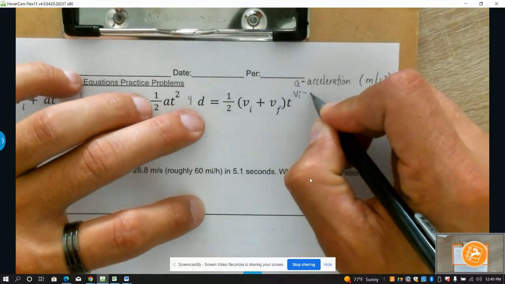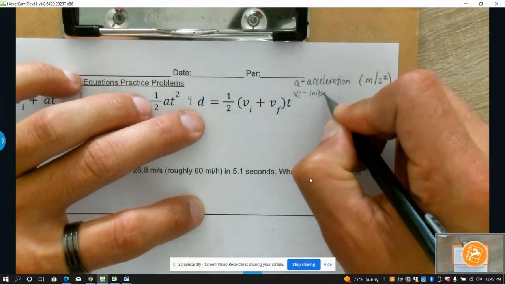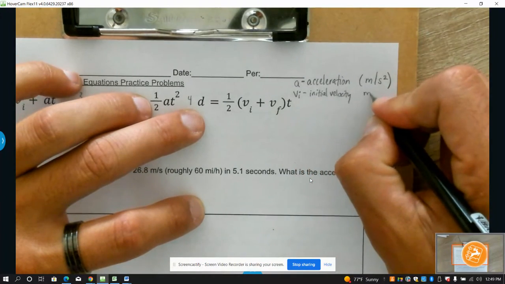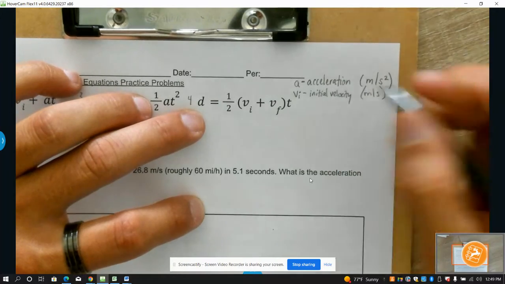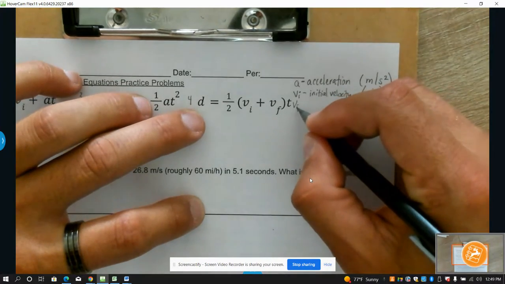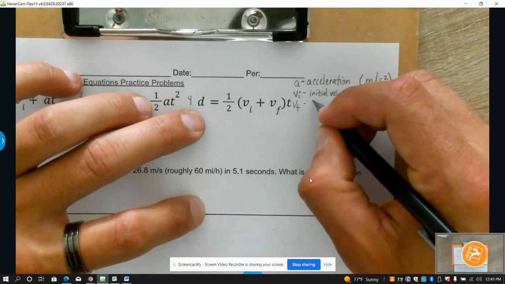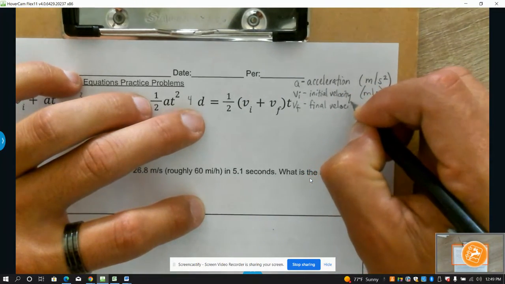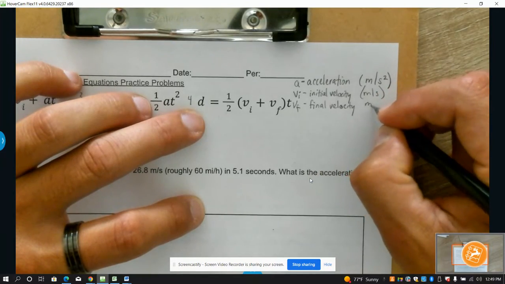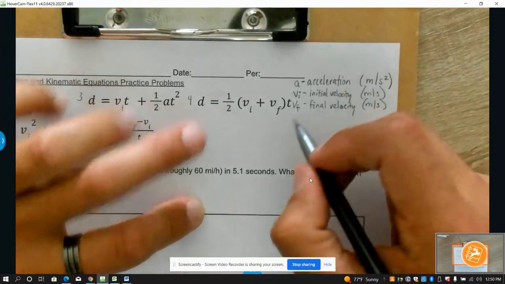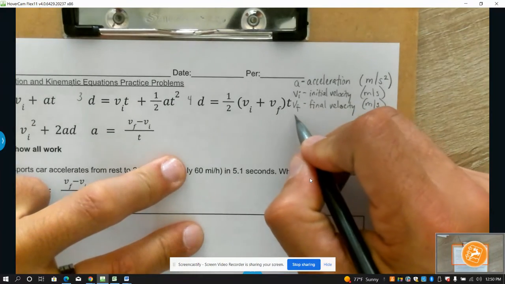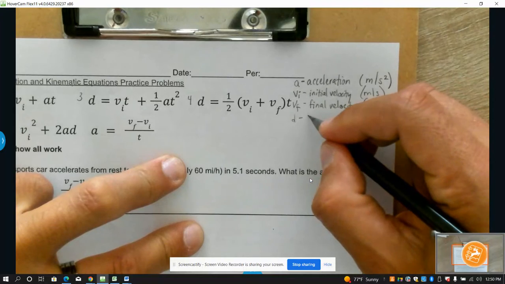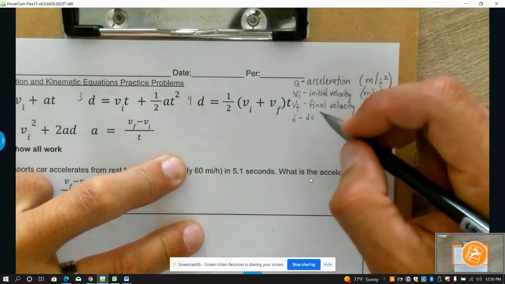So V sub I, that is your initial velocity. Okay, it's velocity or speed here. We have meters per second. Final velocity will be V sub F. Now, for this, we're going to use distance and displacement kind of simultaneously.